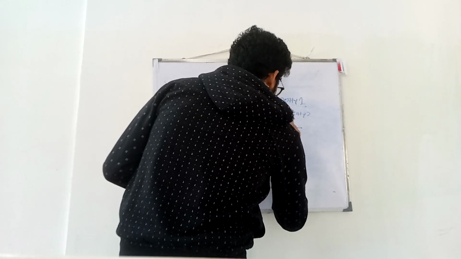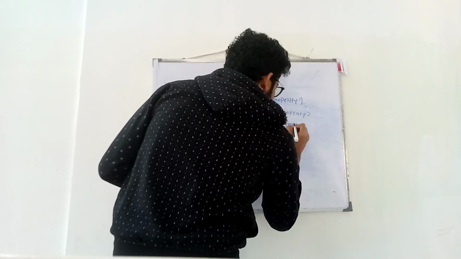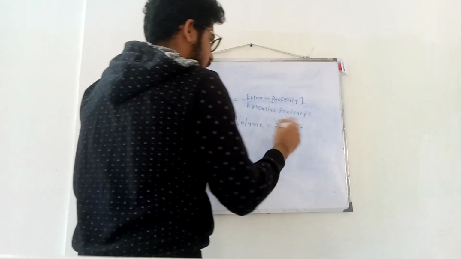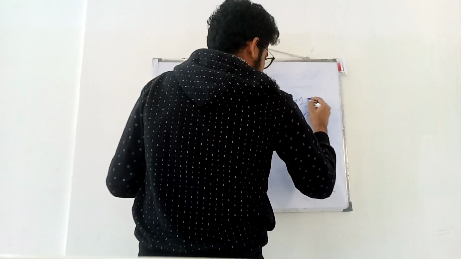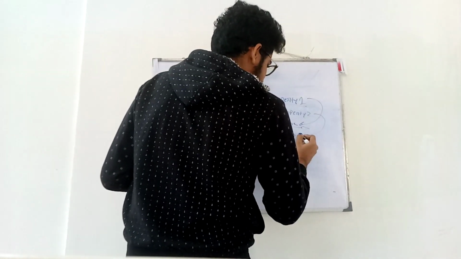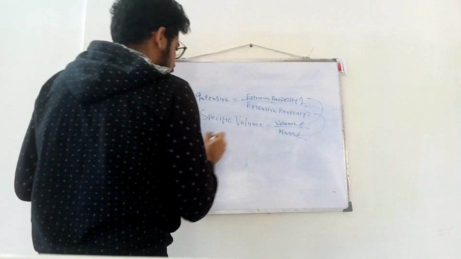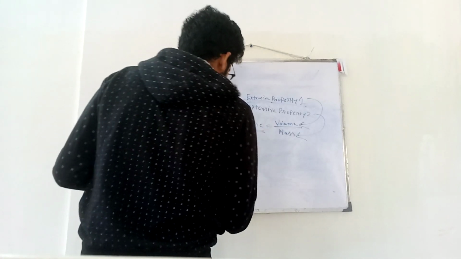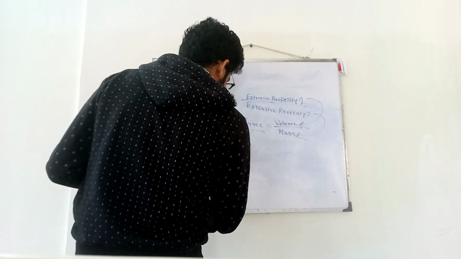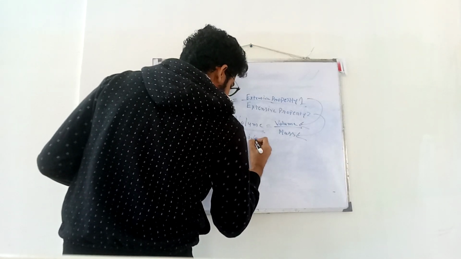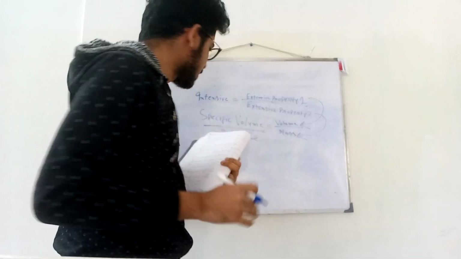These two are extensive properties. Suppose this is extensive property 1 and this is extensive property 2. So this gives the value of specific volume, which is intensive. I hope you understood.